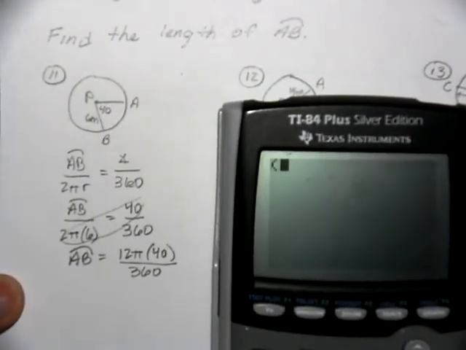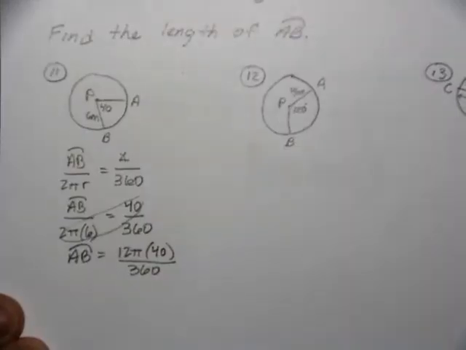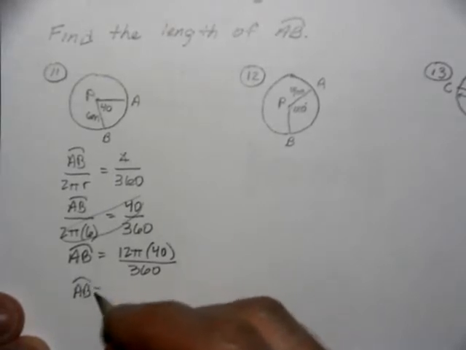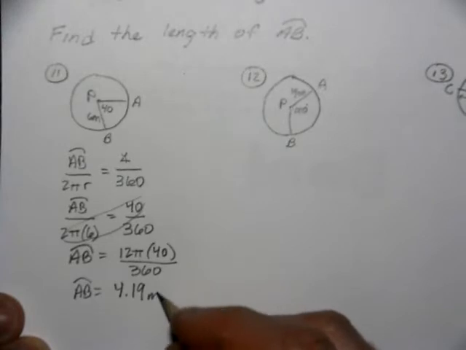The numerator is 12 times pi times 40. We're going to divide that by 360. So the arc itself is 4.19. And the units are meters.